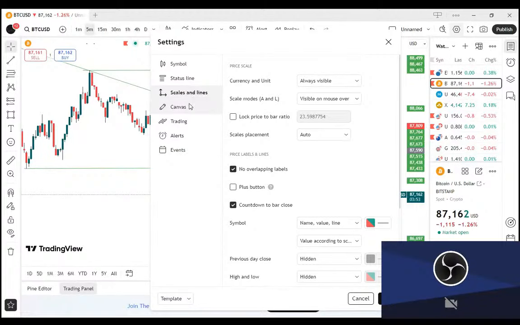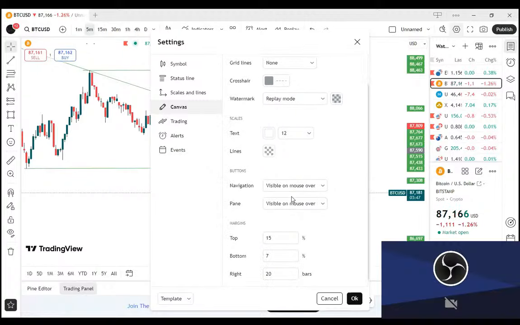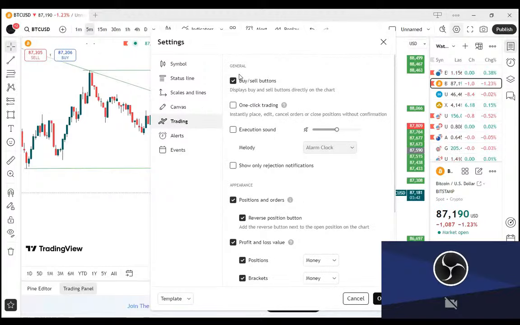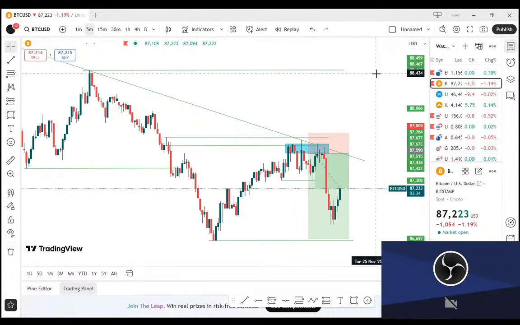Current price move within, and then canvas, solid, visible, plain line. I'm not here. Click on trades. I'll come down and find it.